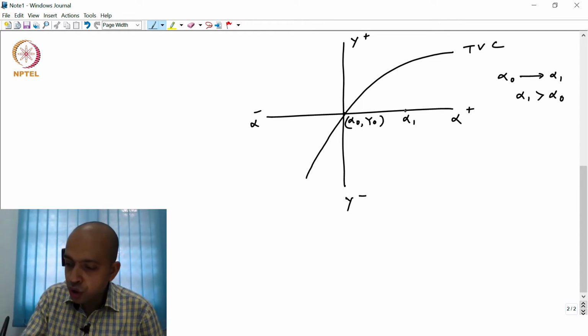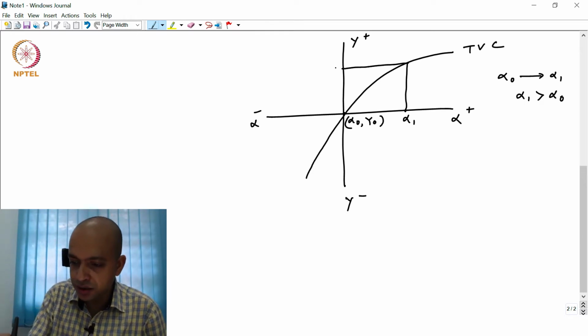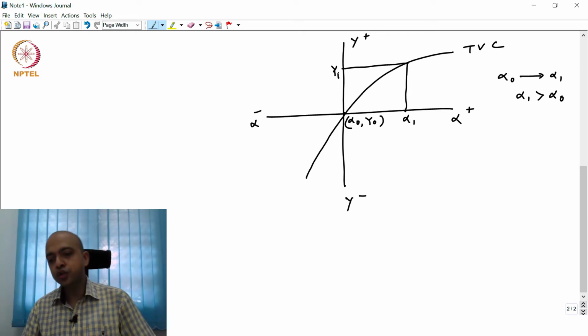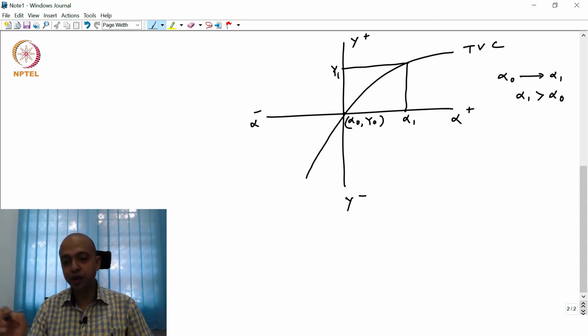We have to draw a perpendicular from alpha 1 to this total value curve. Let's say this is y1. That means this y1 is the amount the individual would like to pay for a positive improvement in environmental quality from alpha 0 to alpha 1.